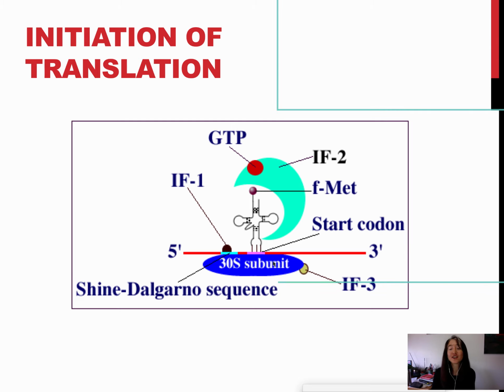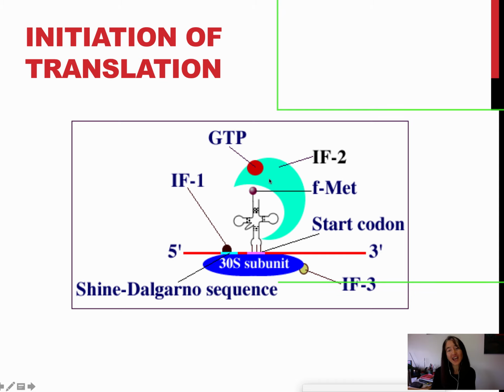Of course, we know there's going to be the tRNA that carries the formylated methionine that pairs with the AUG start codon. So this little pink region here, that's the AUG start codon. But guess what? IF1 actually prevents that tRNA from binding unless it's bound to the initiation factor 2. So IF1, IF2, and IF3 are all initiation factors that are required for initiation of translation.